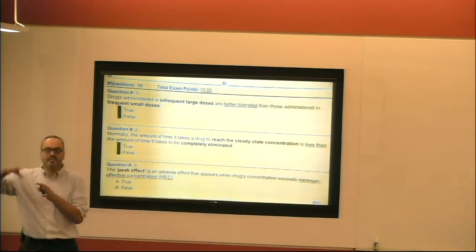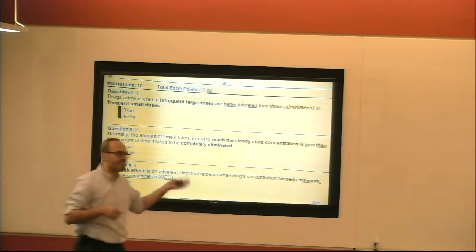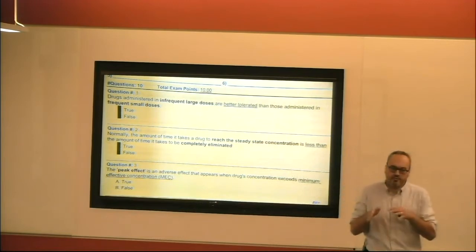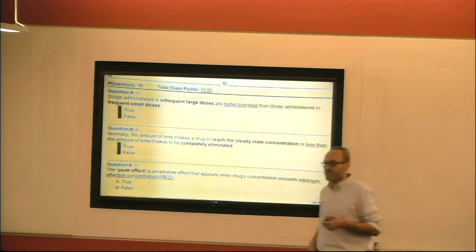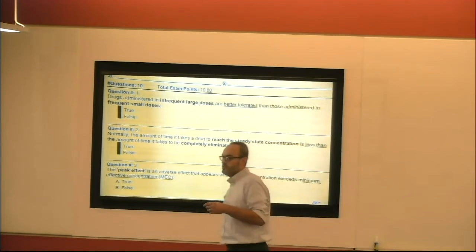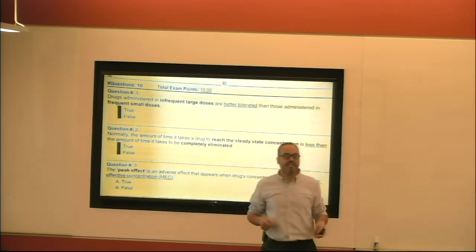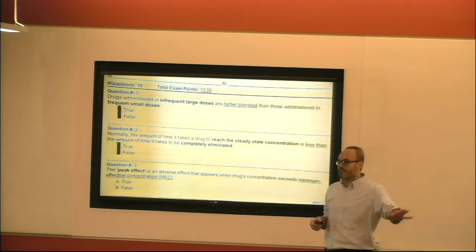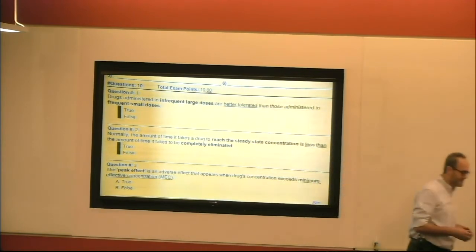When we say tolerance, it means they don't cause toxicity. But what's the disadvantage of having smaller doses and given more frequently? It's not convenient for the patient, right? Remember, we want the drug to be conveniently taken, hopefully once a day, and that's it. So you wake up in the morning, you take the tablet, forget that you are sick for the rest of the day, right? Live like a normal person.